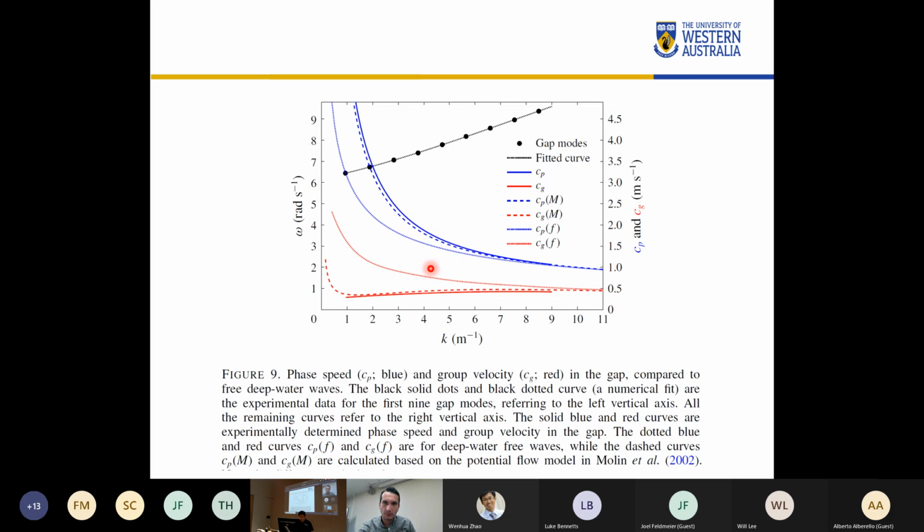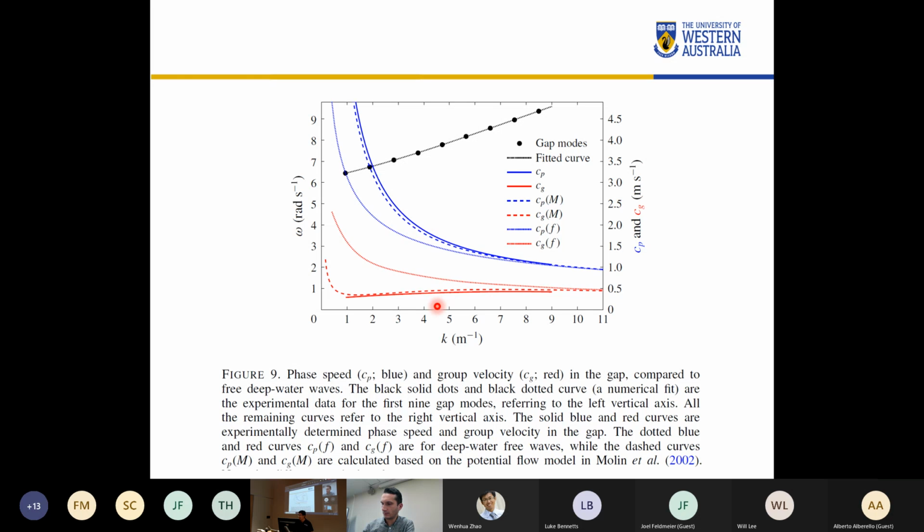The solid blue curve here is the phase velocity we calculated based on the experiments. And the solid red curve is the group velocity of the resonant waves inside of the gap based on the experiments. We compare that with Bernard Mollon's theoretical model, which is the dashed line.